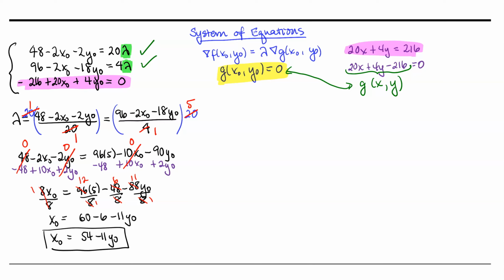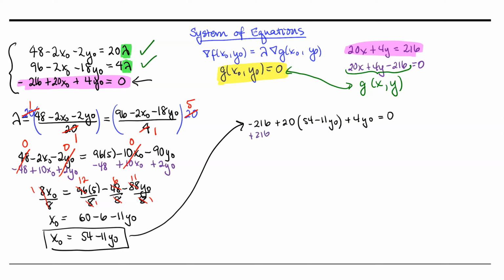Now, we're going to use that in our constraint function that we haven't used yet. That's going to help us determine the value of y naught because we're going to replace x naught in that equation. So we've got negative 216 plus 20 times, now our x naught is 54 minus 11y naught, plus 4y naught equals 0. Going to add 216 to both sides of the equation.